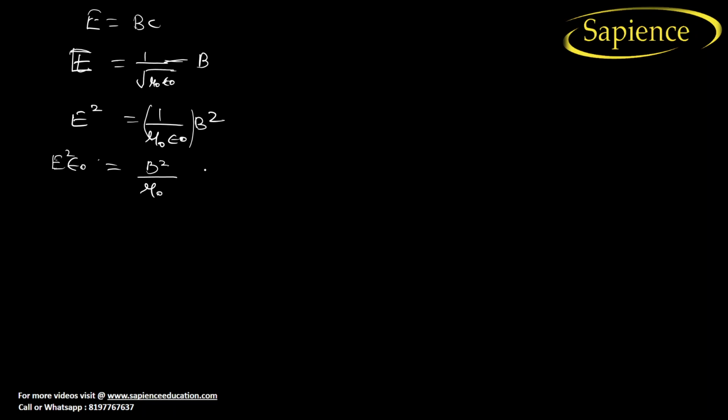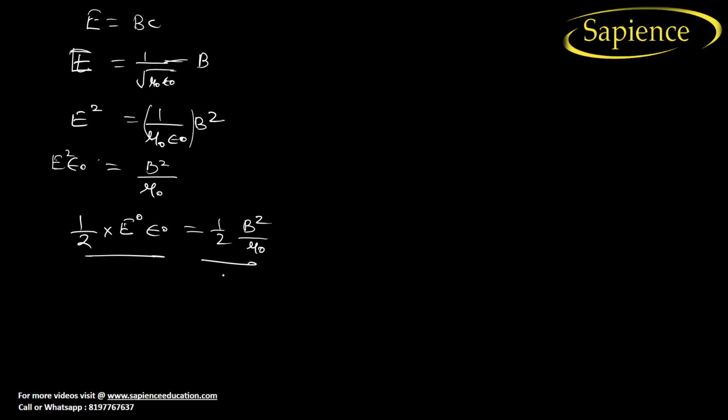Now just multiply it by half. So what we will get is 1 by 2 into E square into epsilon naught is equal to 1 by 2 into B square by mu naught.